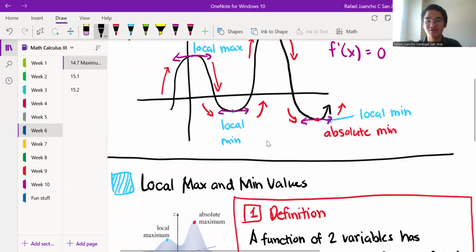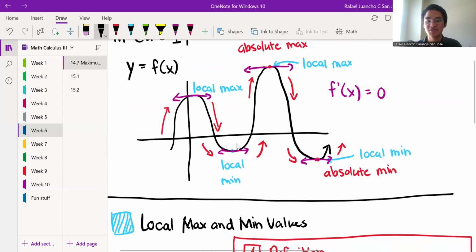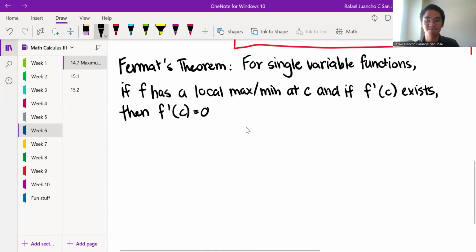We did look at that earlier here. So these are examples of C values. So these x parts, those are when the derivatives are zero. Their slope is zero. So that's Fermat's theorem.